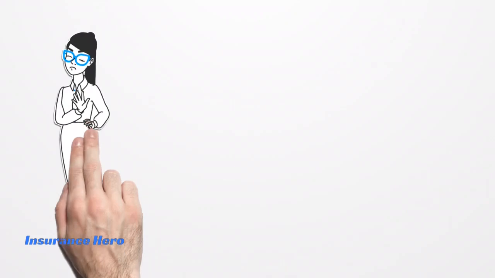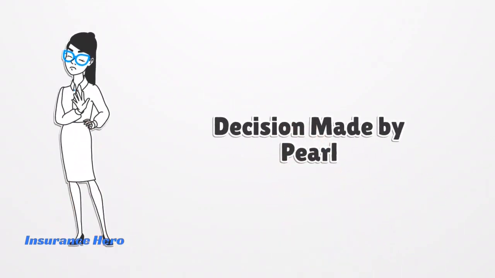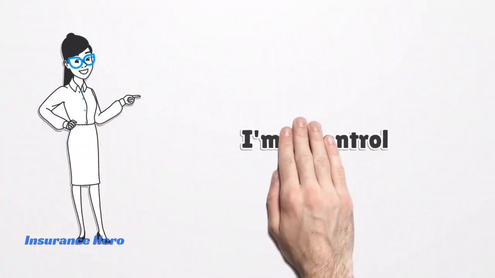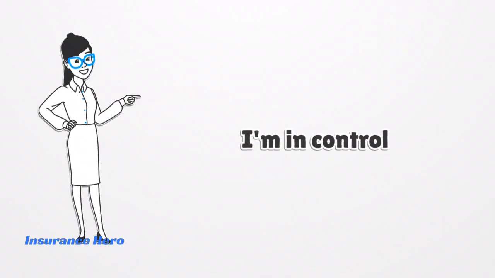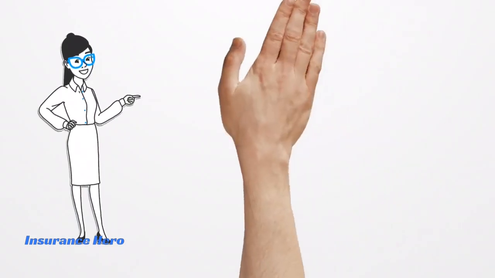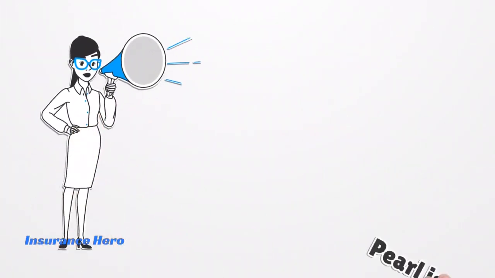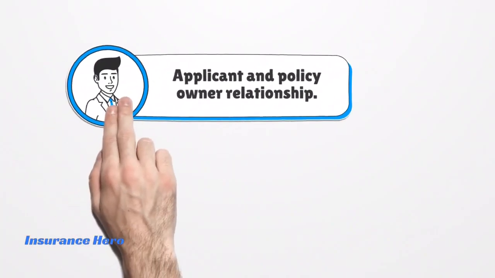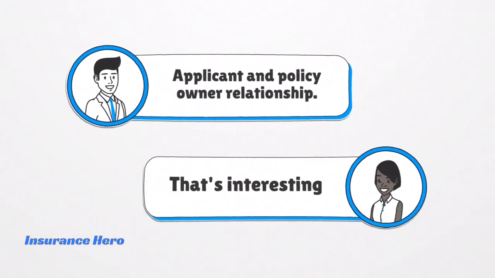Oh well, then that decides it. It must certainly be me. Okay, so Pearl will be the policy owner. In many cases, the applicant and policy owner are the same person, but they don't have to be.